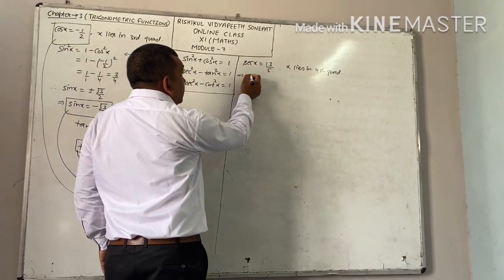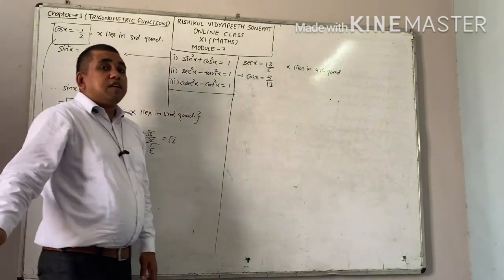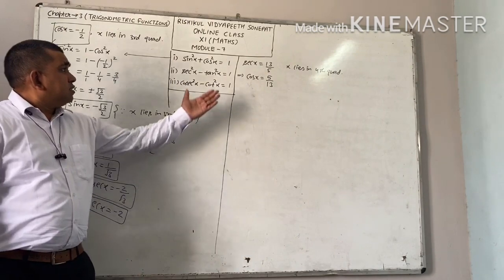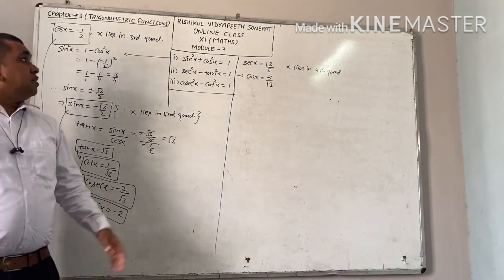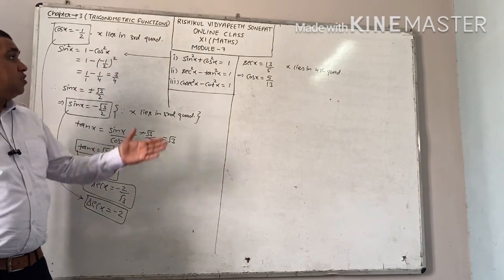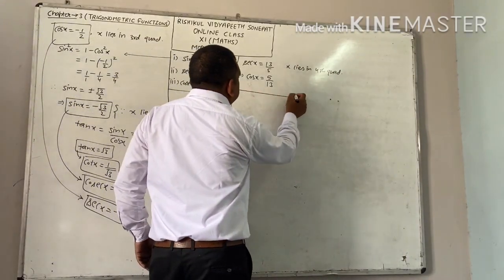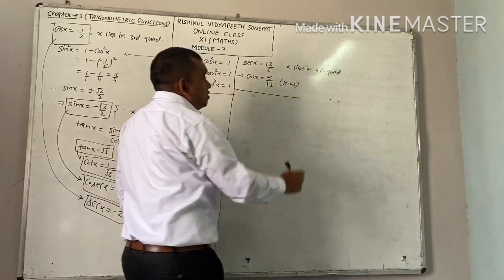Therefore, you can easily write down the value of cos x. This will be 5 by 13 because cos x is the reciprocal of secant x. Now, this is the same question as you have done previously. You can solve this question by yourself. Or you can say this is your homework.